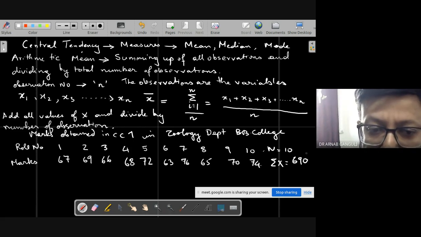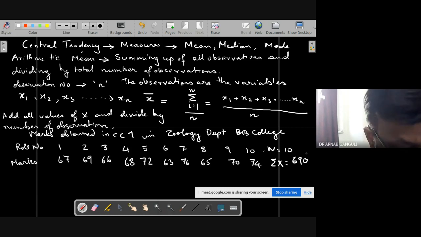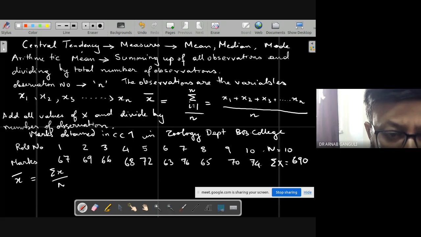Okay. So the mean, x bar, is sigma x by n. That is 690 by 10, that is 69.